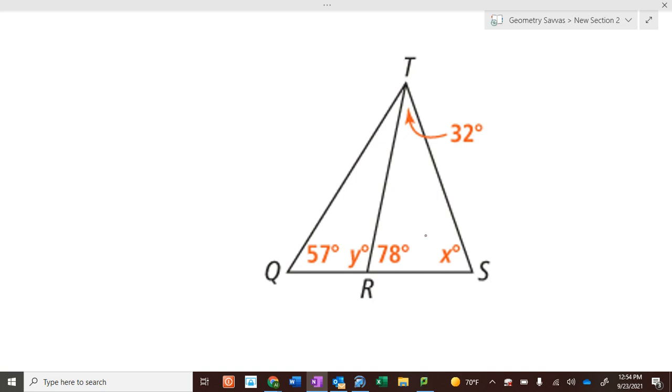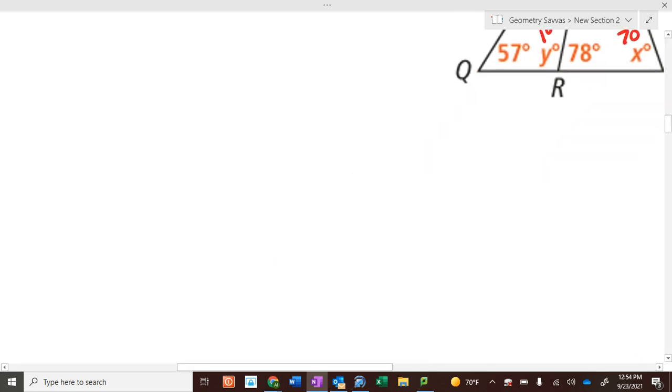What's left for x? 70. Now, this is 70. This is 32. What's 70 plus 32? 102. Why is it 102? Because it's the exterior angle of this triangle. Also, a straight line makes how many degrees? 180. 102 and 78 make 180. See how that works? Easy peasy lemon squeezy.